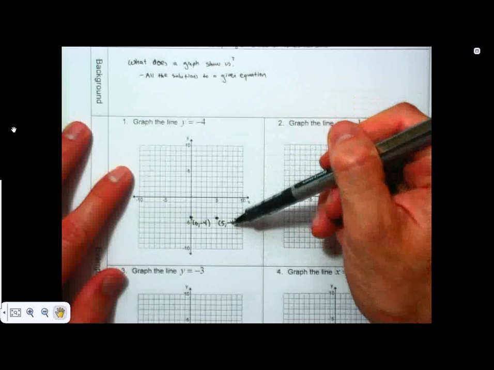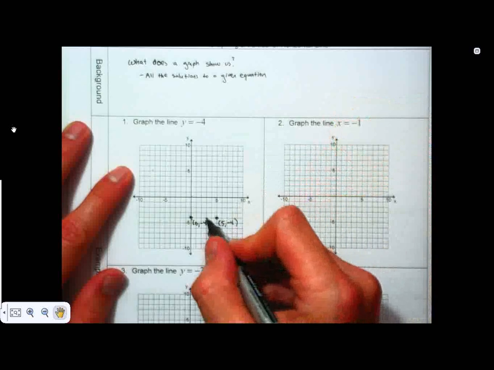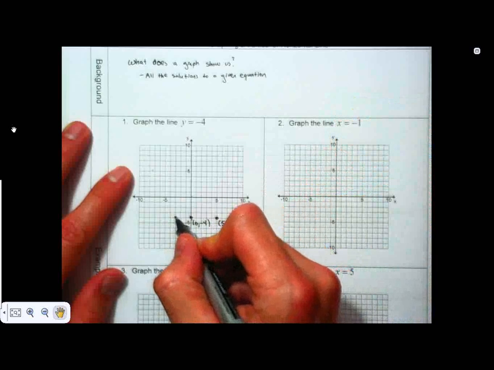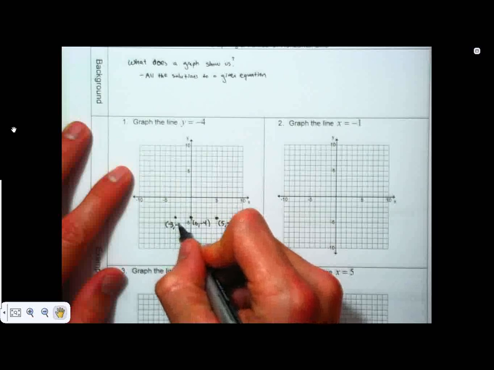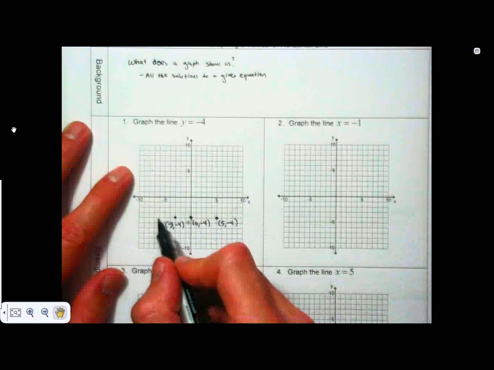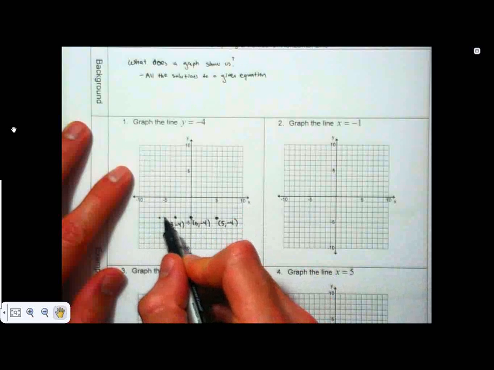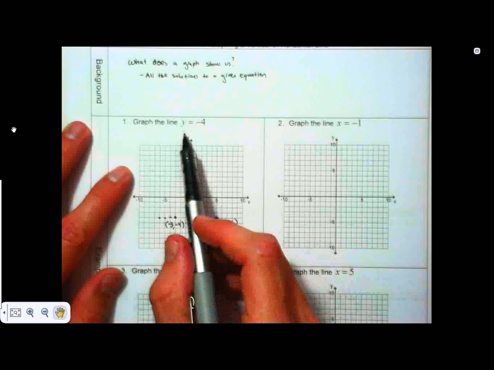Clearly here it is. Are there other points? Sure. If I go over here, this is another point, and its coordinates are (-3, -4).